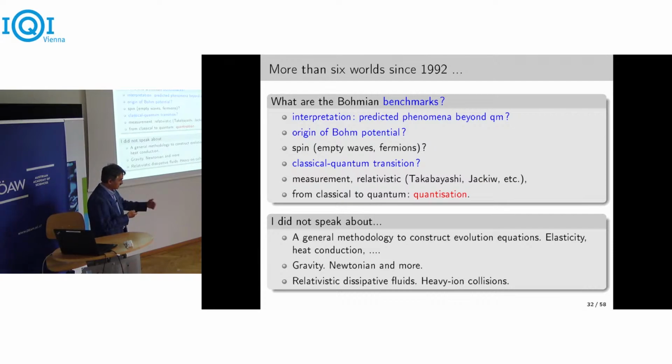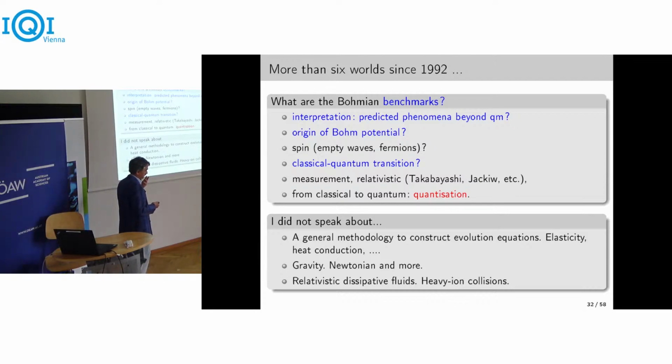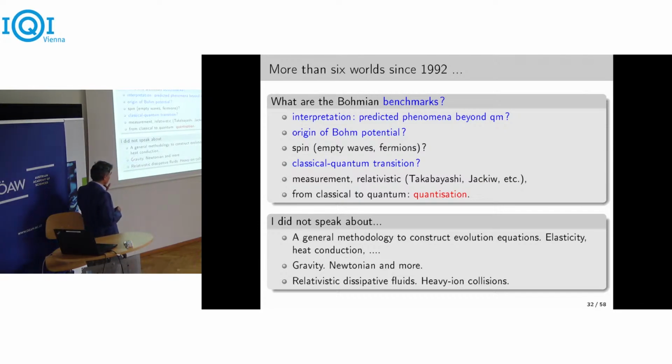There are several other examples where this approach through the second law is really productive, like heat conduction, where we have experimentally observed the consequences of that kind of extension. Also interesting is the application to gravity, at least to Newtonian. This is simple. Relativistic is another question. There are some predictions here.